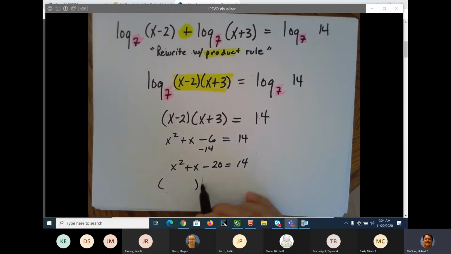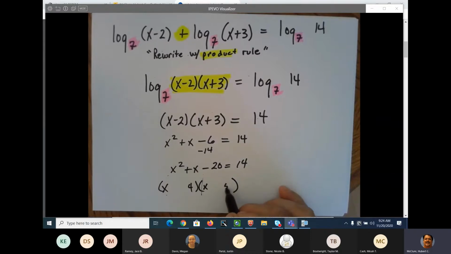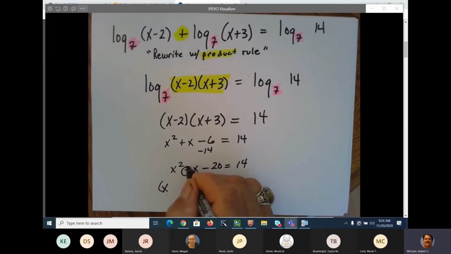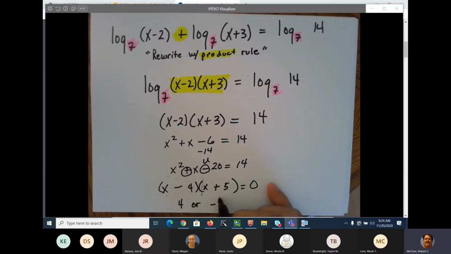Parentheses, parentheses, x and x, 4 and 5, the larger number with the positive, equals 0. So our answers are 4 or negative 5.